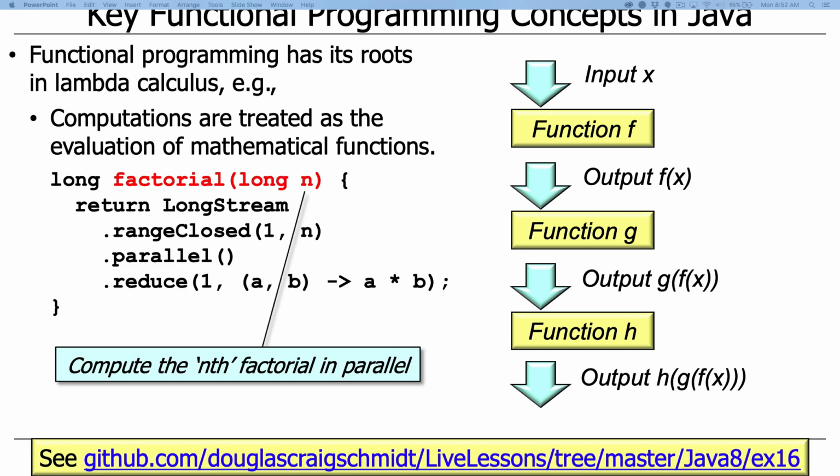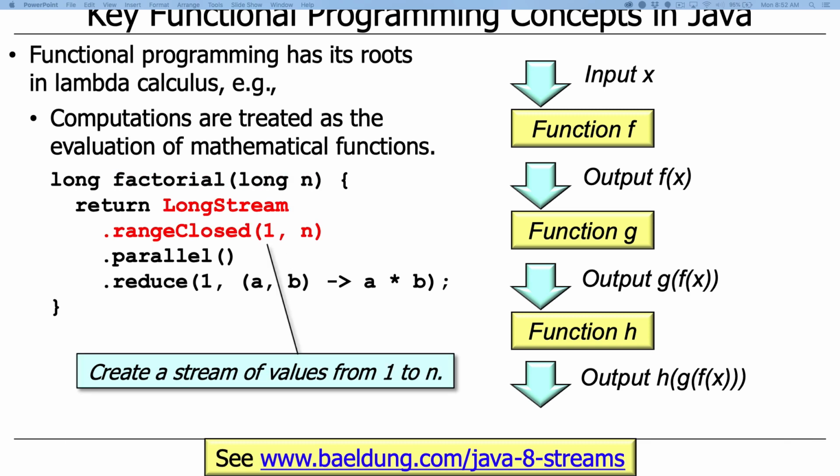Here's a very simple example of computing the nth factorial using Java parallel streams. In fact, you can go to the ex16 folder in my GitHub repository and see this code plus a bunch of other stuff to illustrate the point. So here we have a method factorial that takes a long n, so you want to compute the nth factorial.